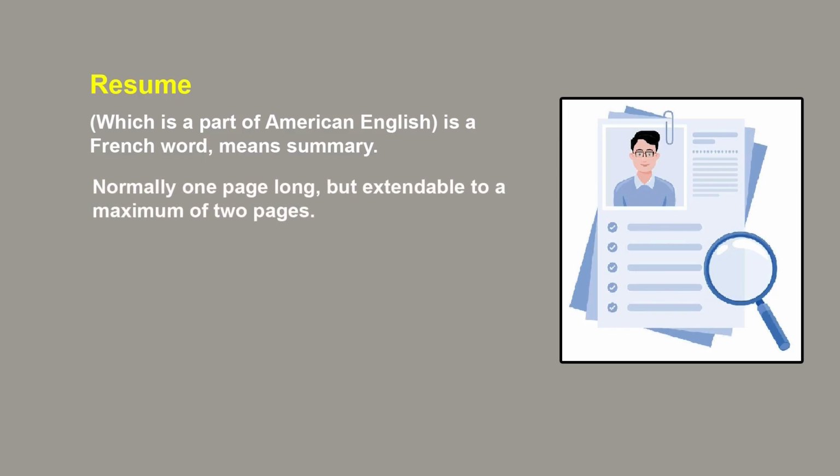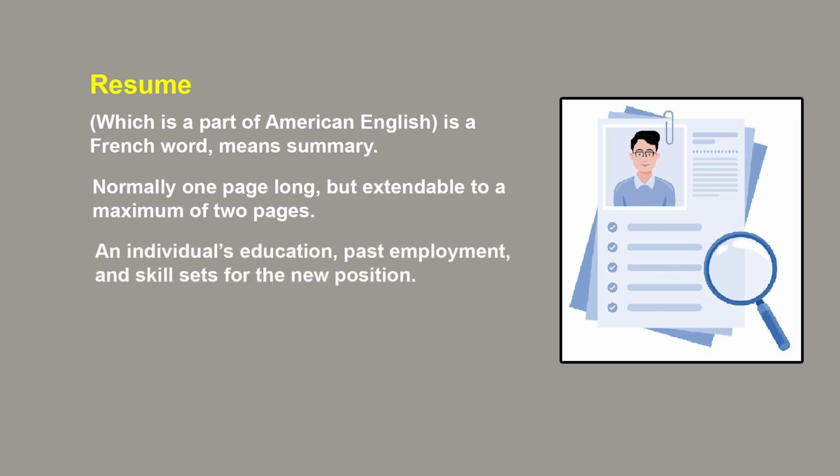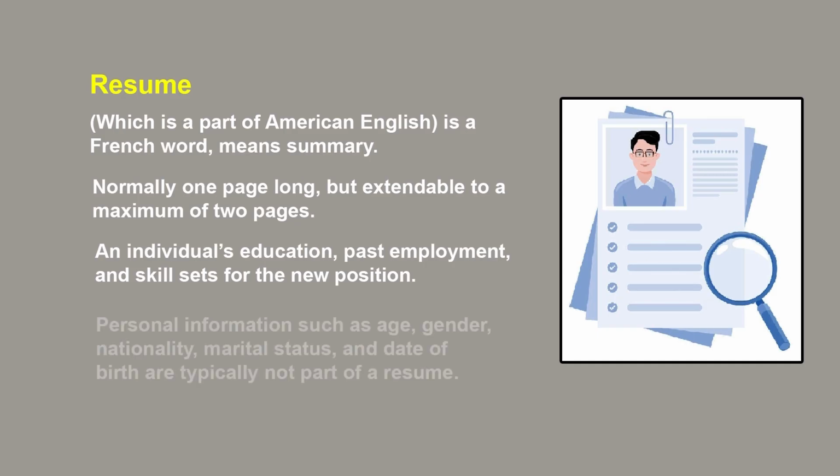It is normally 1 page long, but extendable to a maximum of 2 pages. It consists of an individual's education, past employment and skill sets for the new position. Personal information such as age, gender, nationality, marital status and date of birth are typically not part of a resume.